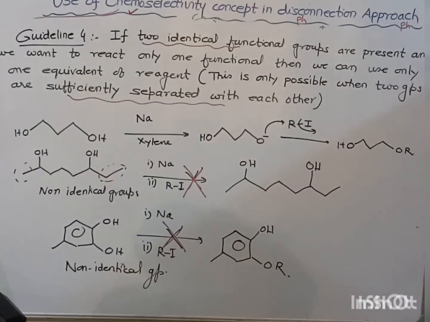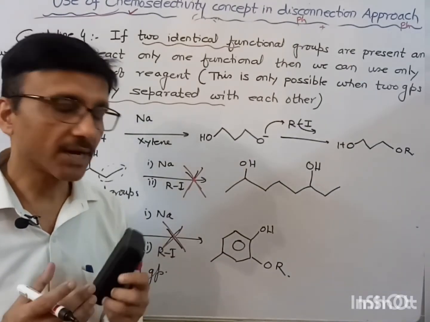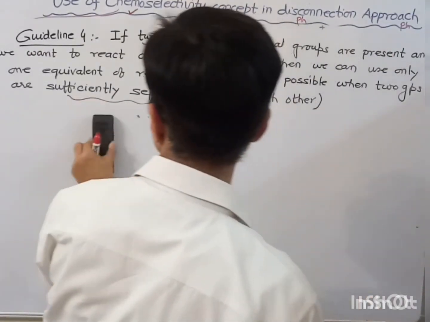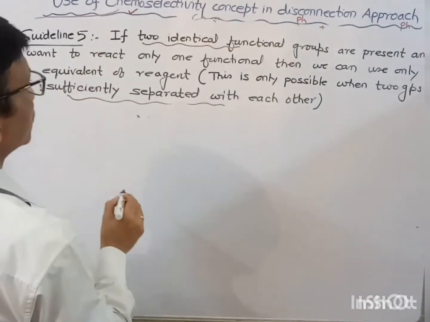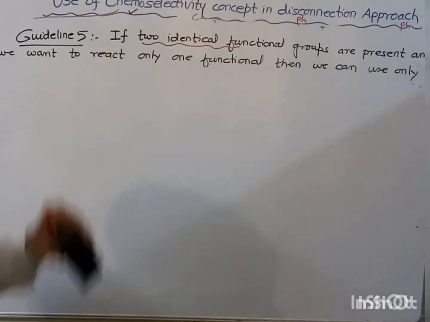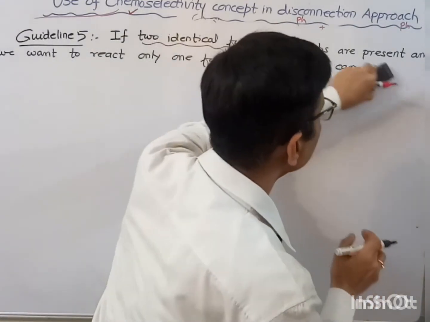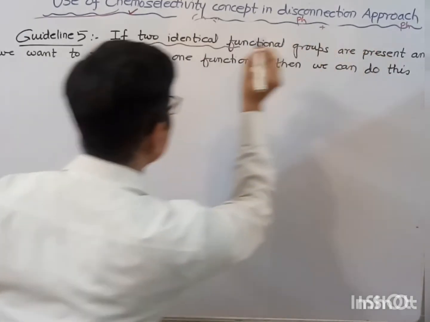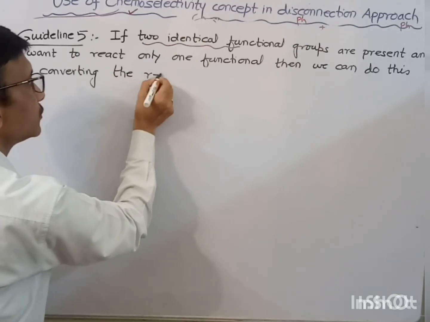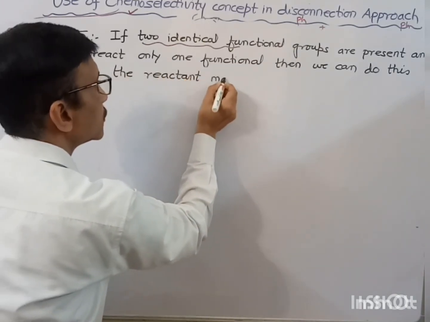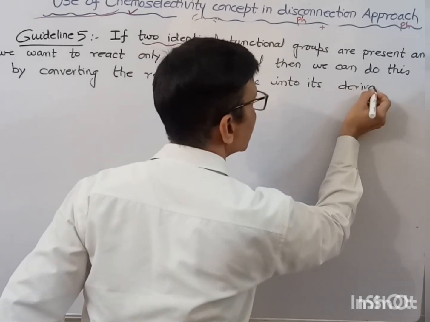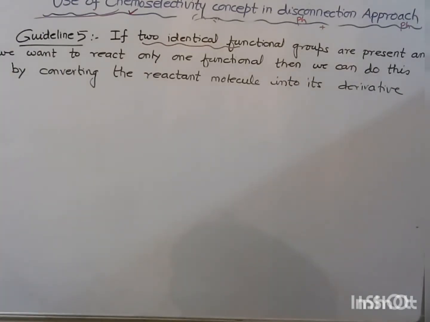This is guideline number 5: if two identical functional groups are present and we want to react only one, we can do this by converting the reactant molecule into its derivative.